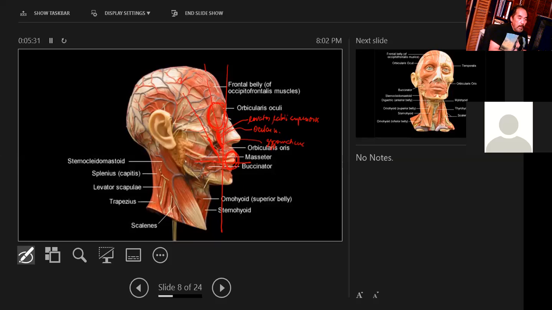Then I've got one here. I'm reversed right now. This is 12. This is 11. This is 10. This is 9. So that muscle here is going to be the risorius.